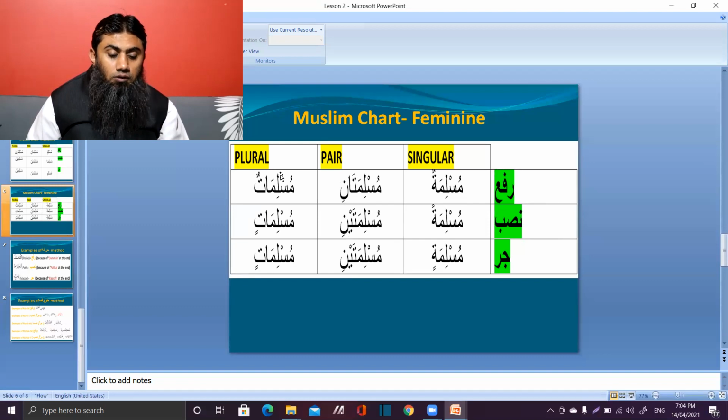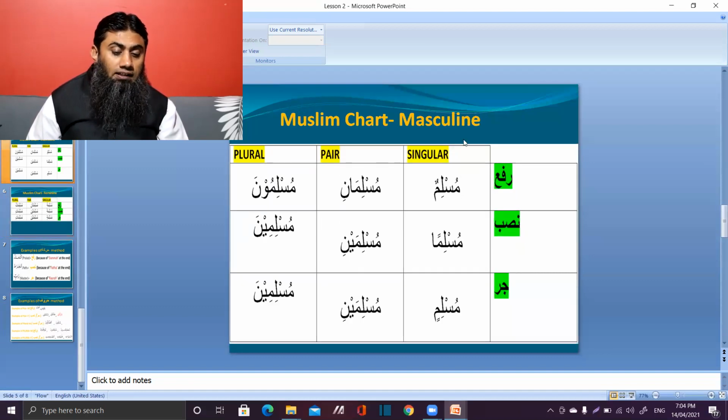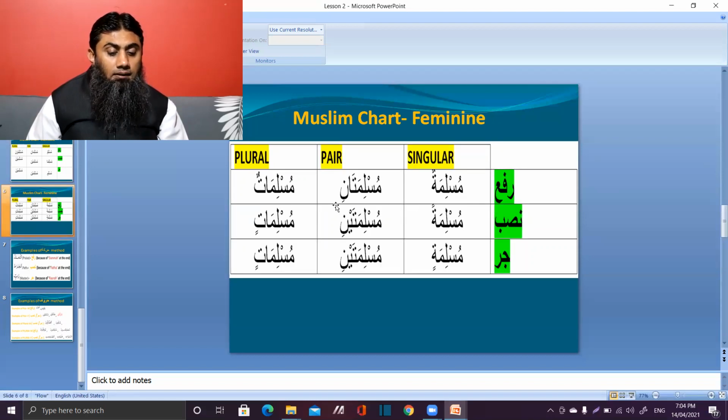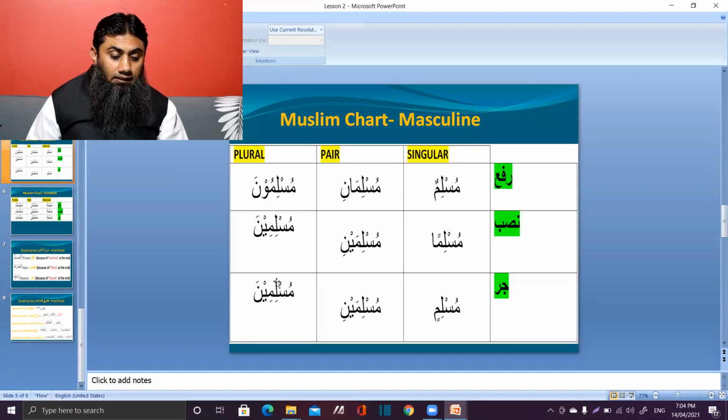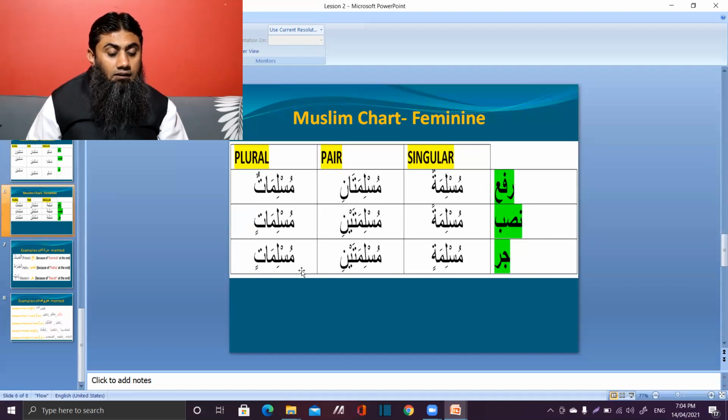This last column is a bit different. Please pay attention. You see, this was our last column of the masculine chart. The first two columns were pretty much similar, but this was the masculine last column, and this is the feminine last column. Look at this one: muslimatun. You see this alif and then tun. Atun.